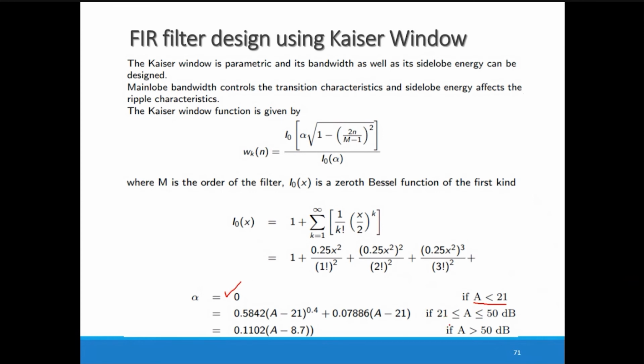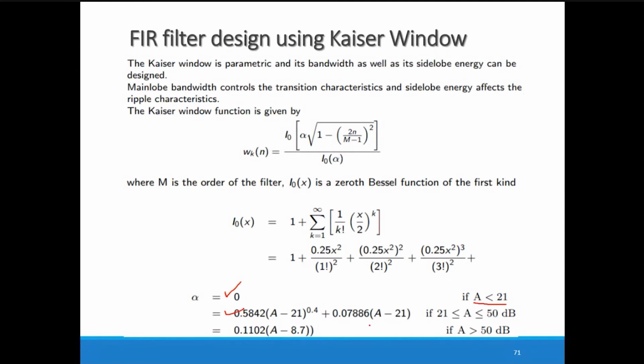If A is greater than 21 and less than or equal to 50, then you have to select the second equation, that is 0.5842 (A minus 21) raised to 0.4 plus 0.07886 (A minus 21). This is the value you have to select when A is between 21 and 50.